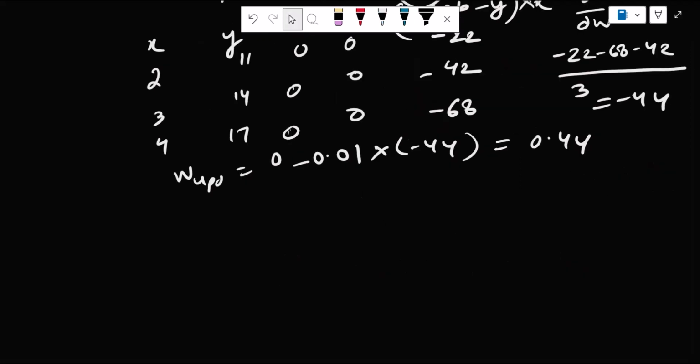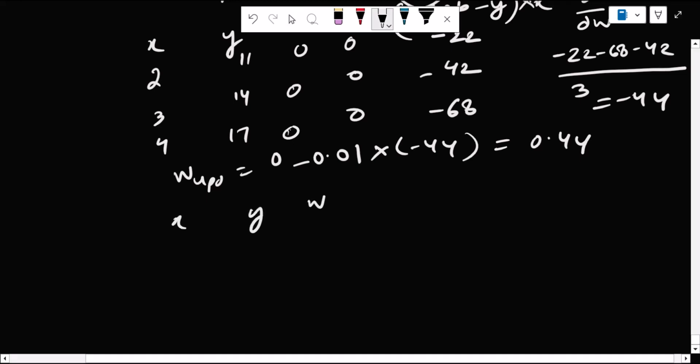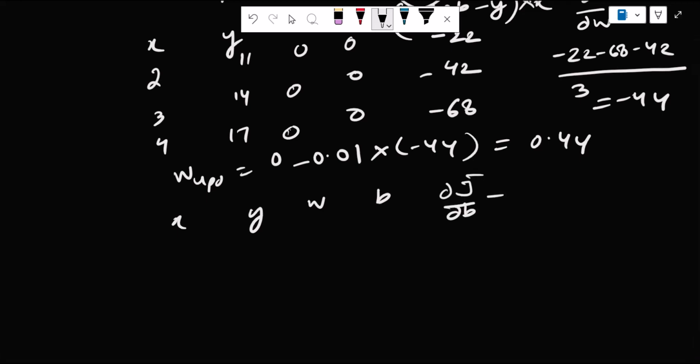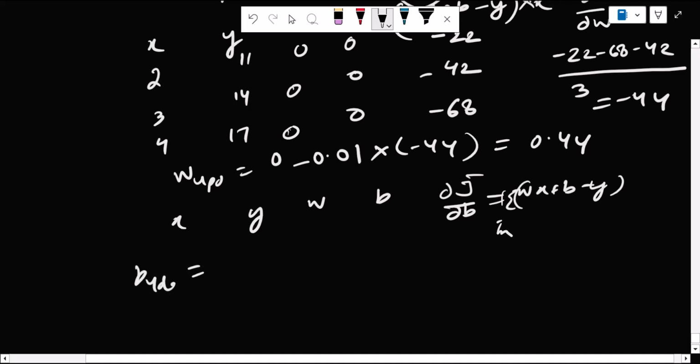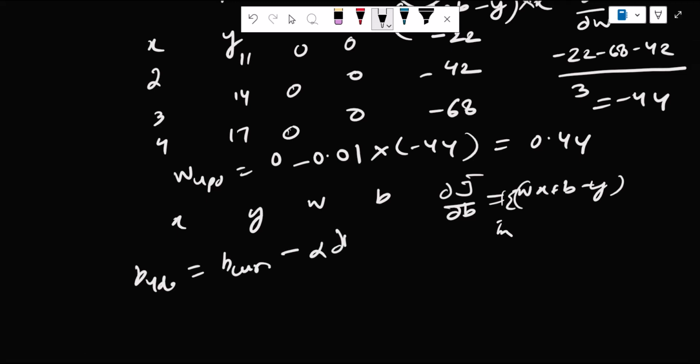Alright. Similarly, we calculate the updated value of B, again by giving X, Y, W, B and dJ/dB. It was Wx plus B minus Y, summed and multiplied by 1 by M. B updated is equal to B current minus alpha into dJ/dB, and we arrive at the new value of B as 0.14.